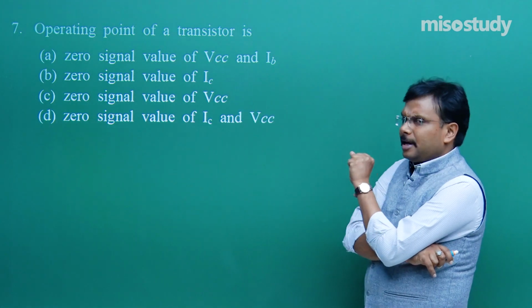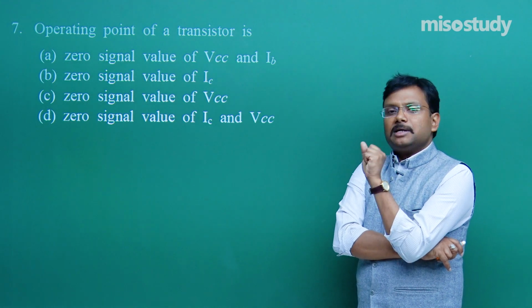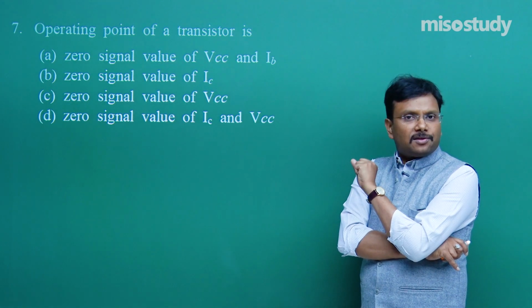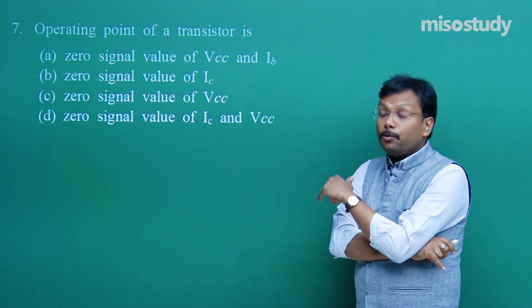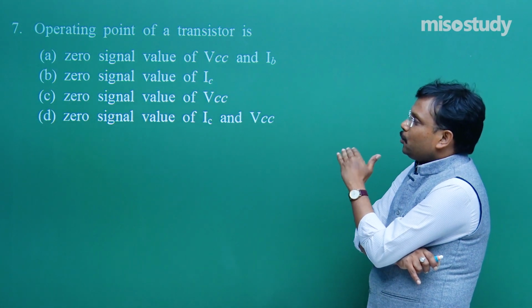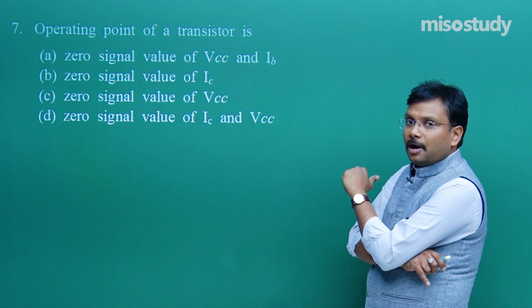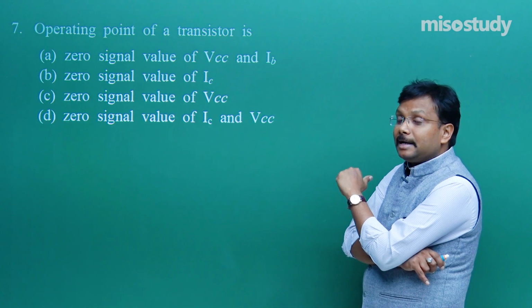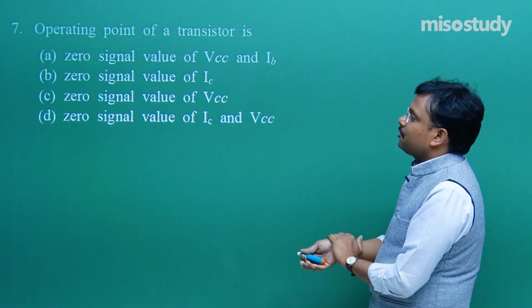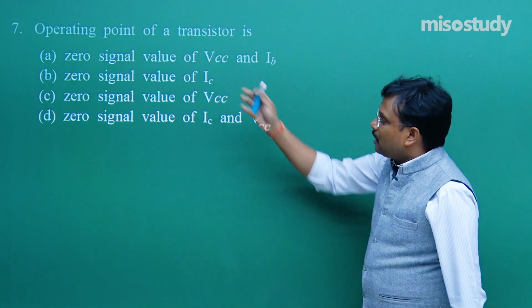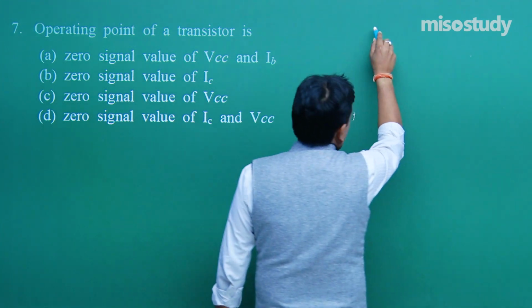Operating point of a transistor. I am sure you must have studied the IB characteristics, which we explained also. During that discussion these concepts are clearly given in that text. So let me mention something over here, one by one, on how you can analyze.